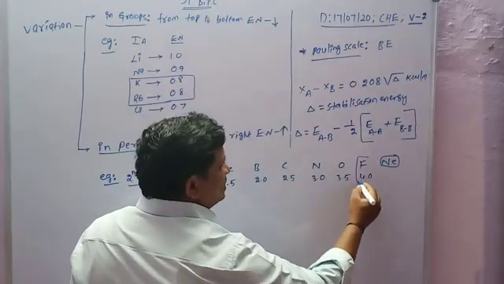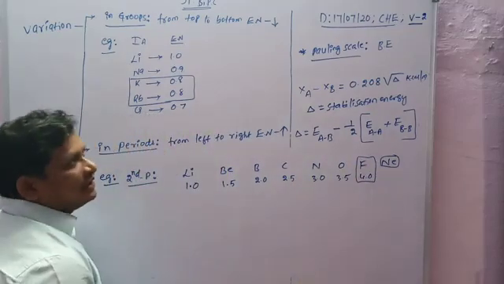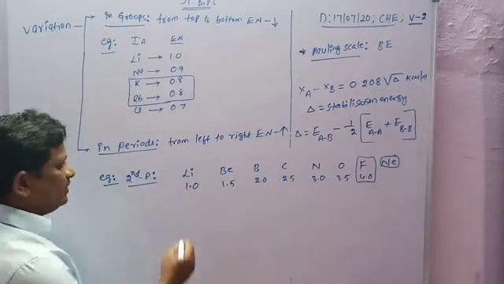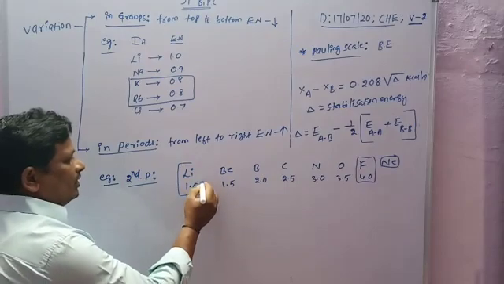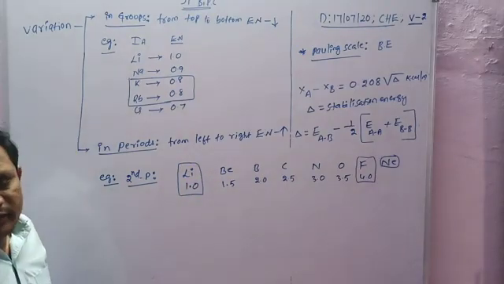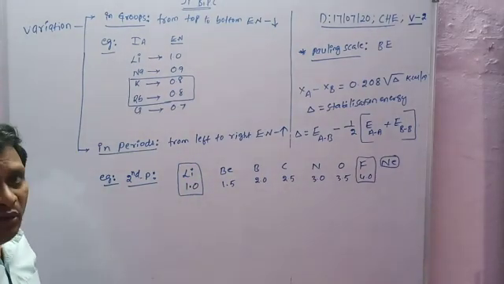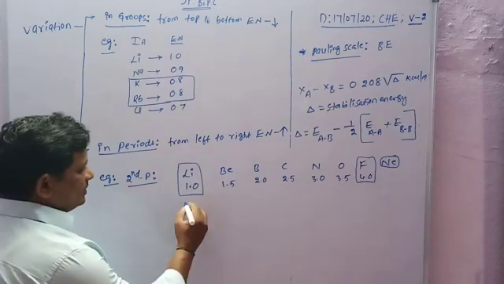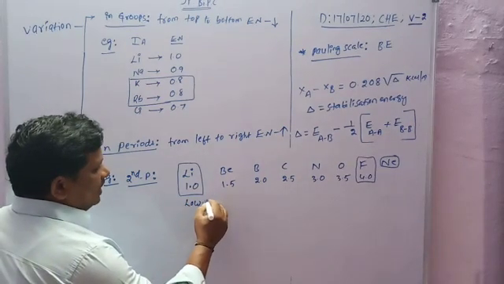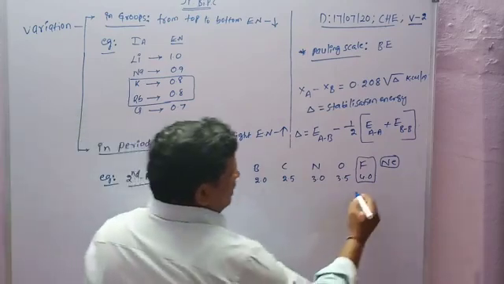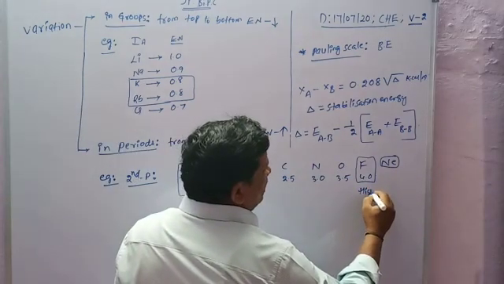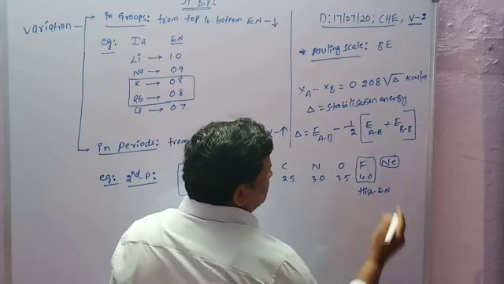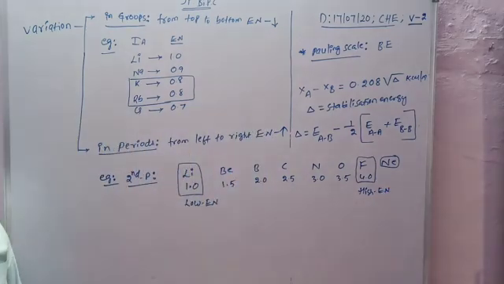Halogens have the highest electronegativity values and alkali metals have the lowest electronegativity. Highest electronegativity, lowest electronegativity. Okay, so now that is the variation.